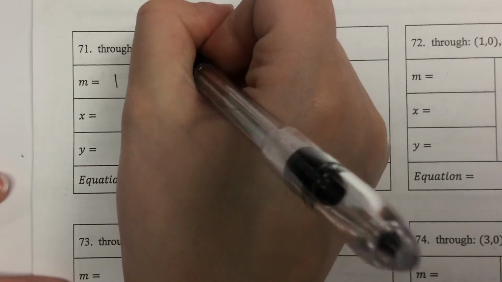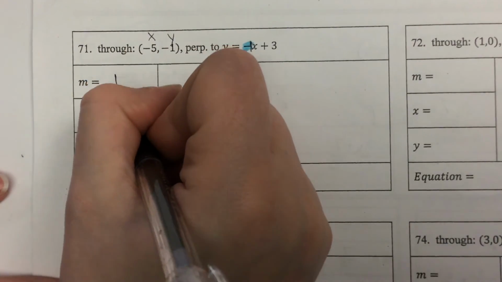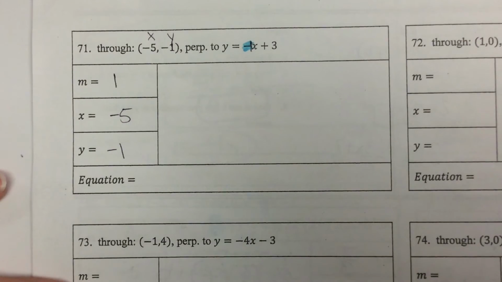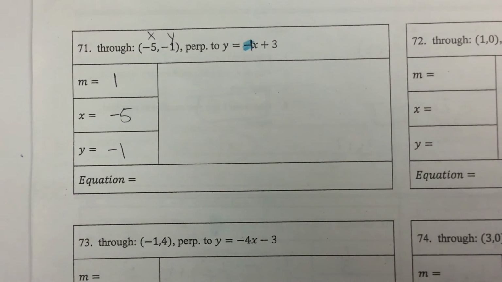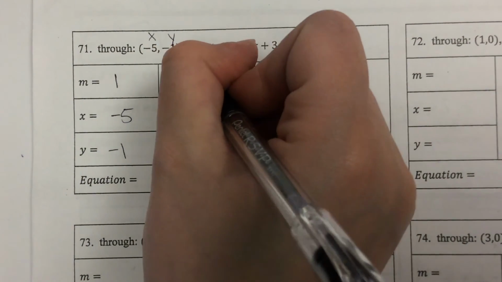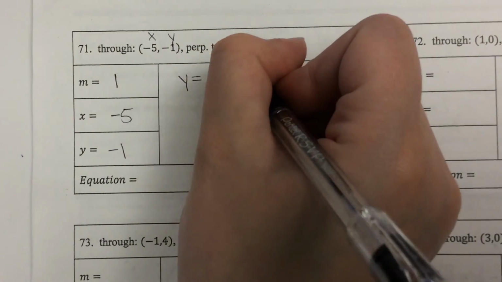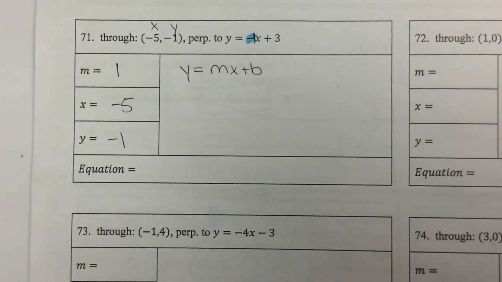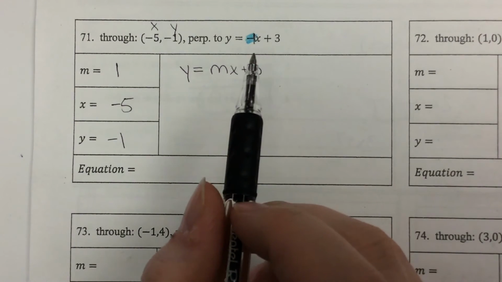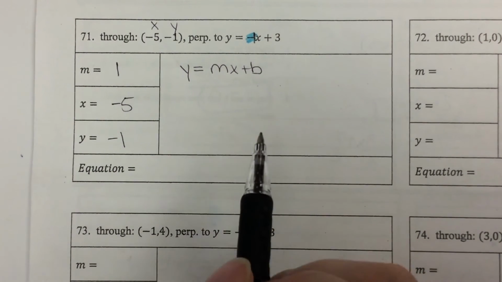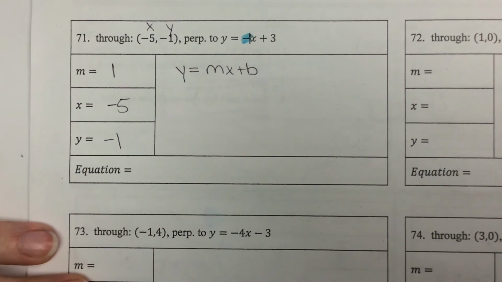This is x and y, so let's find this information, and now we can plug everything in. So remember, the equation for slope-intercept is y equals mx plus b. At this point, I'm going to have you pause the video and try to find your y-intercept, which is b, and then you can resume when you're done and check your work.